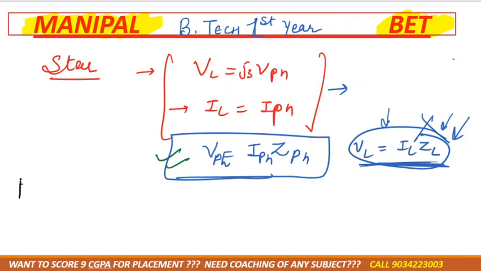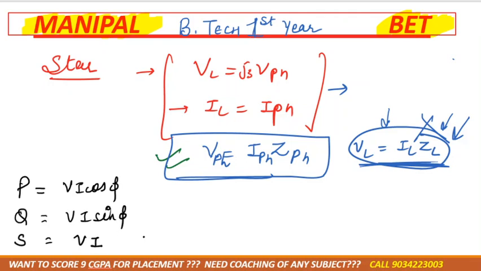Now sometimes in the question they'll ask you the active power, reactive power and apparent power. As you already know the formula, active power formula is VI cos phi, reactive power formula is VI sin phi, and apparent power formula is VI. But now we have to consider for the three phase, because this is for the single phase, right?